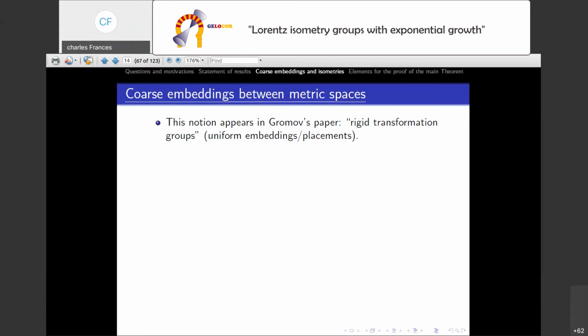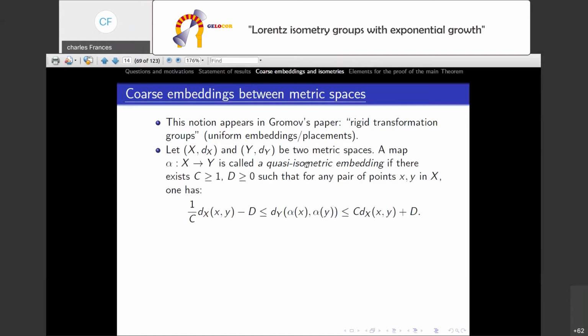Before talking about coarse embeddings, let me recall the notion of quasi-isometric embeddings. You start with two metric spaces, X and Y, and a map between X and Y is called a quasi-isometric embedding if you have the following double inequality.